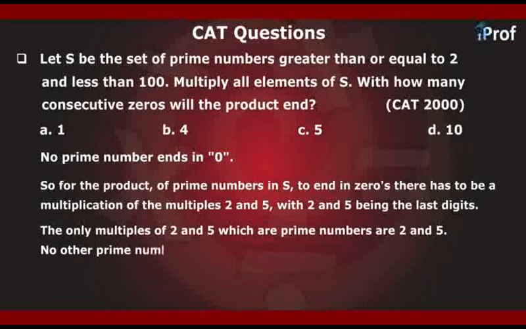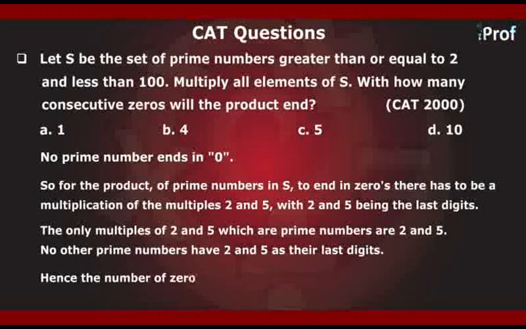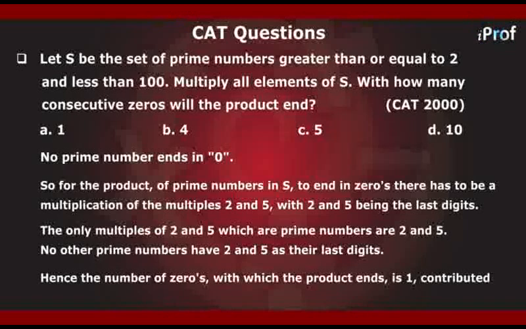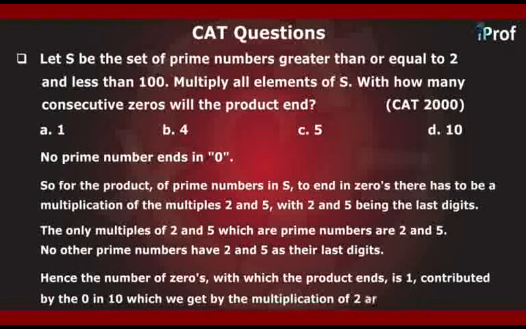No other prime numbers have 2 and 5 as their last digits. And hence, the number of zeros with which the product ends is 1, contributed by the 0 in 10 which we get by multiplication of 2 and 5. And hence, the correct alternative is A, that is 1.